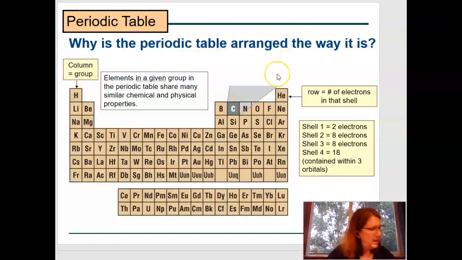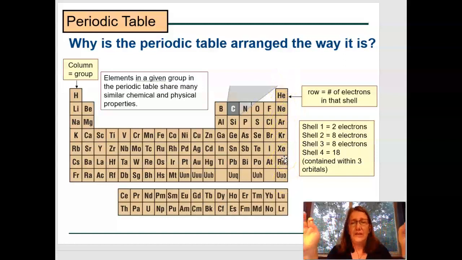It's interesting because, okay, I'm looking at my next question. Our third question on page 2 is going to be, what types of elements cannot form chemical bonds with other elements? So if we look at that, these guys on this side, they have their outer electron shells completely filled.